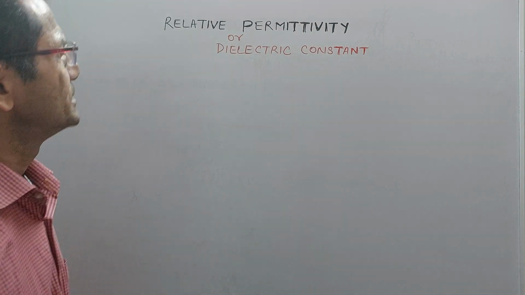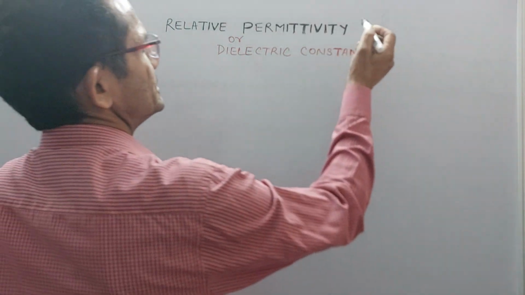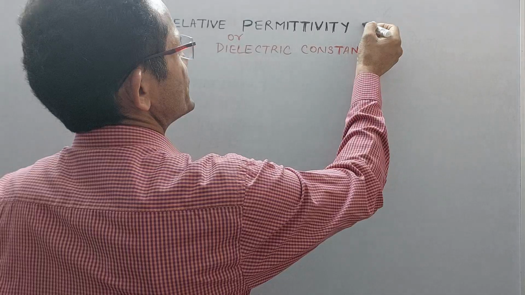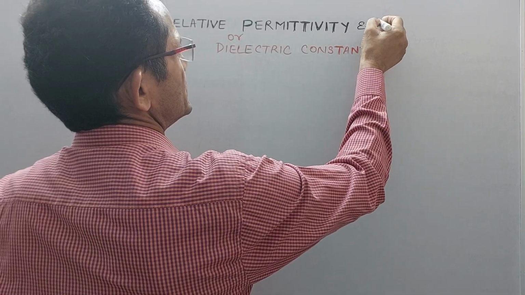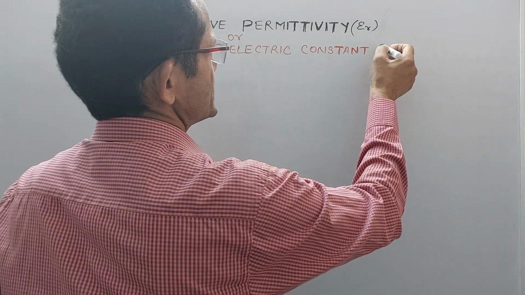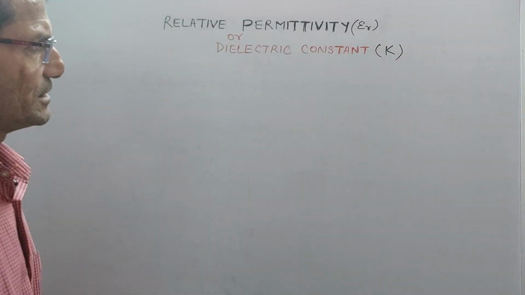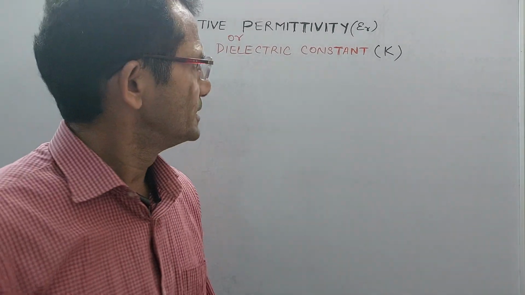Now the next topic is relative permittivity. We generally represent it by epsilon r, and the dielectric constant we represent by capital K, the dielectric constant of the medium.